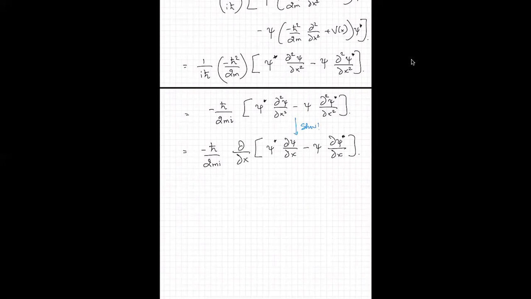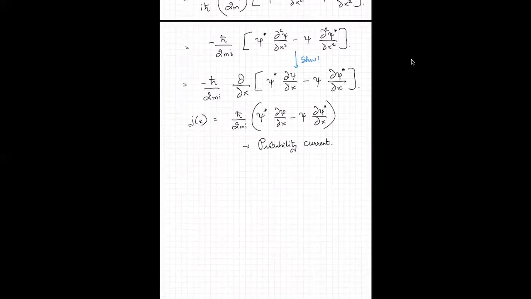Which means I can write the left hand side. If I call this quantity, h bar over 2mi times psi star d psi dx minus psi d psi star dx, some kind of a probability current j, then I can write this whole thing as d dt of psi star psi equals minus d dx of j of x.